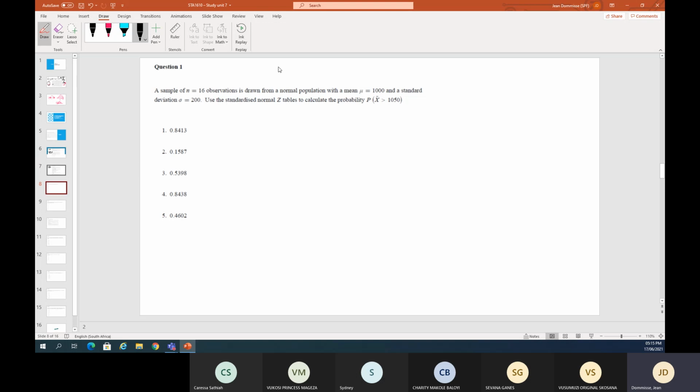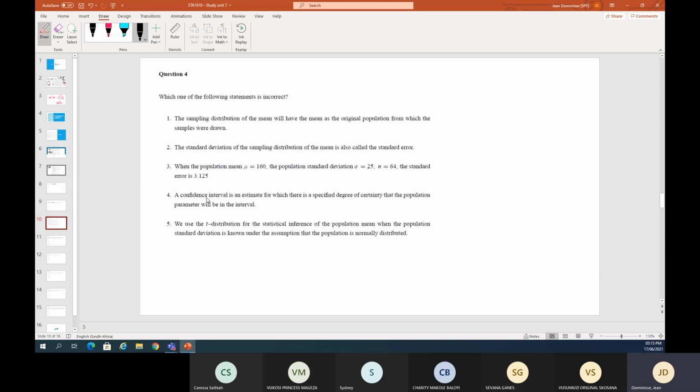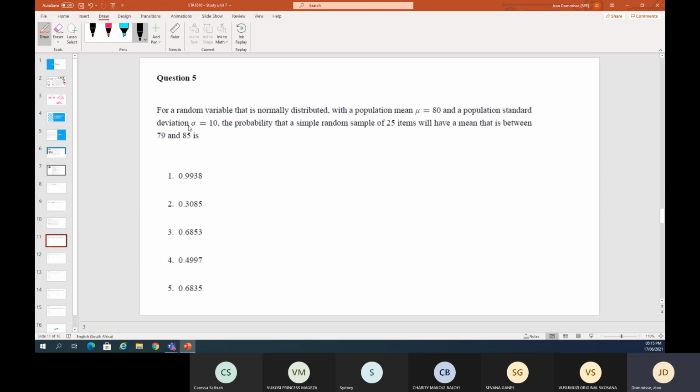So in this question, normal population with mean. Let's quickly run through all of them. Normally distributed population with a mean. Okay, this is more of a theory question. Random variable normally distributed with a population mean.